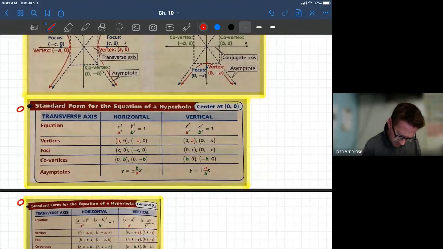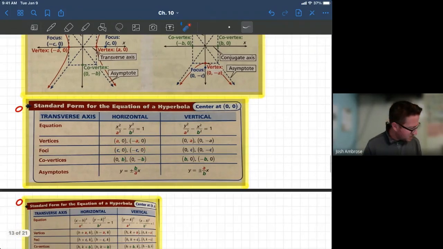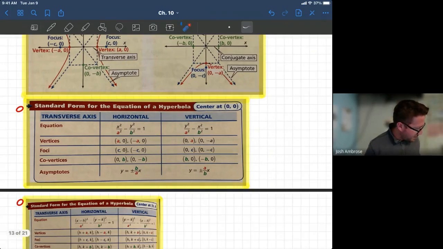What I want to address is the fact that we have the vertex and the co-vertex, which means we're given A and we're given B. If they didn't give you A, or they didn't give you B, but they give you the foci, meaning they give you C, then you're going to have to remember to use the equation.